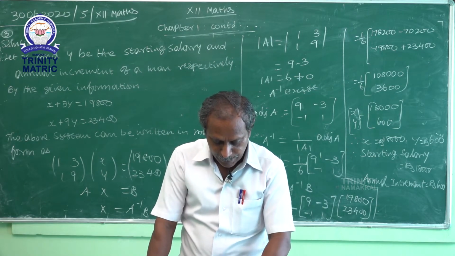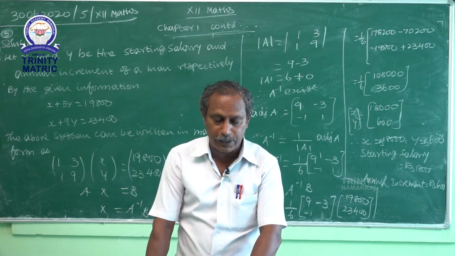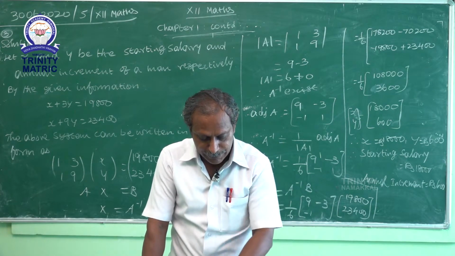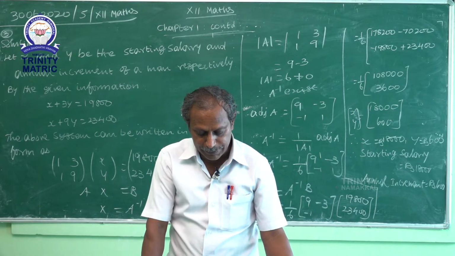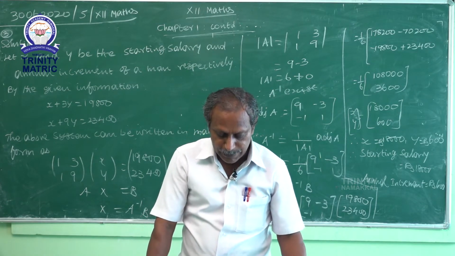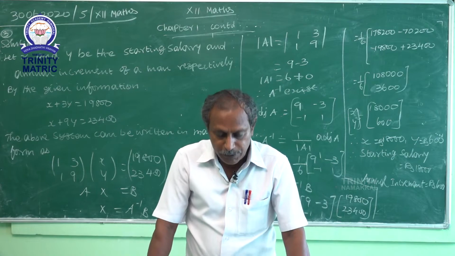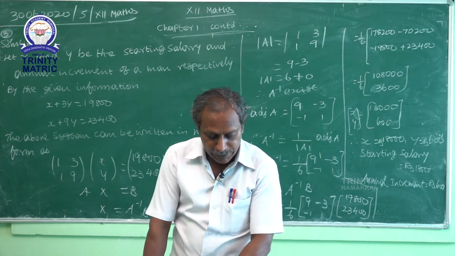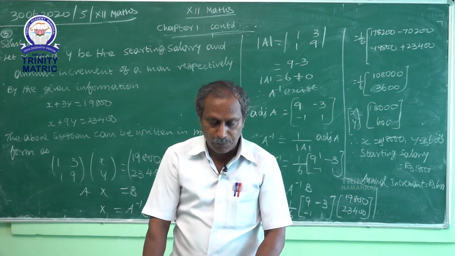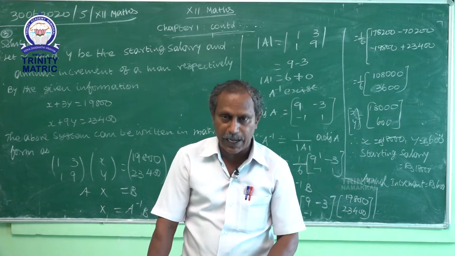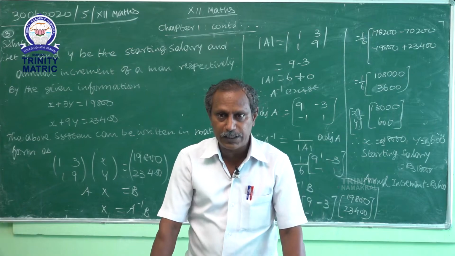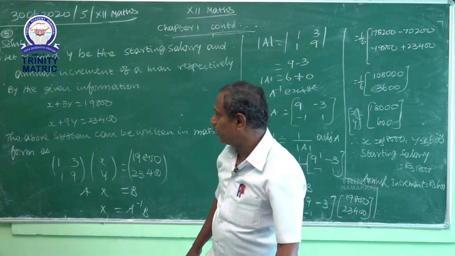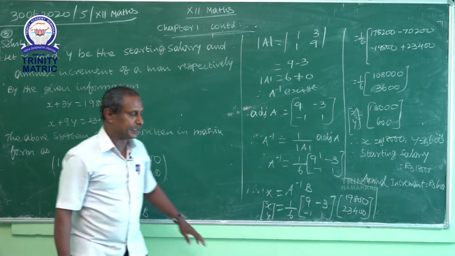In the same way, rupees 23,400 per month at the end of the first month after 9 years of service, his first month salary is rupees 23,400. So given the information like this, find his starting salary and annual increment by using the matrix inversion method. Now let us move on to how to solve it and see here.